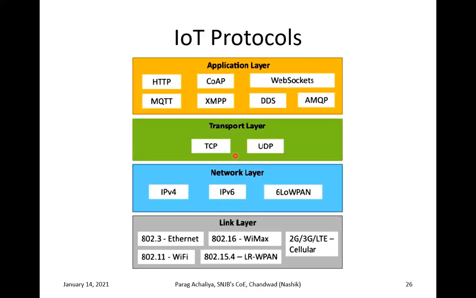Which type of IoT application you are going to develop, the protocol is going to be used for that particular IoT application. It is not like for every application all these protocols are going to be used. These protocols are used according to the type or nature of your IoT application. Please remember this.